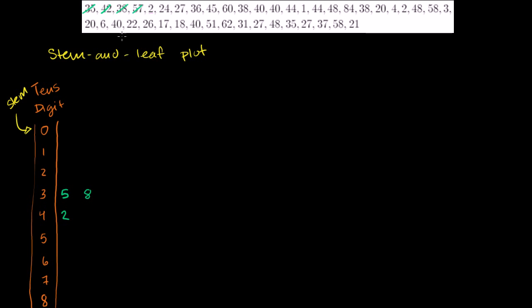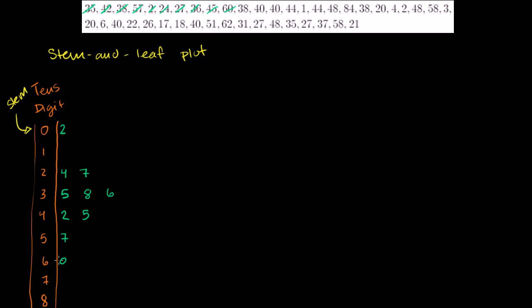Then we have a 57. We have a 2, which you could view as 02. We have 24, 27, 36. We have a 35, a 38, and a 36. 45. 60.